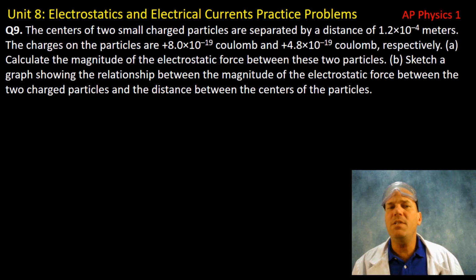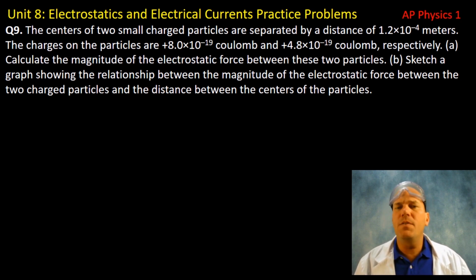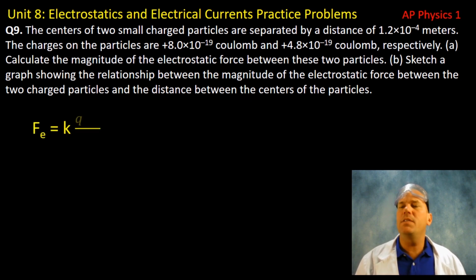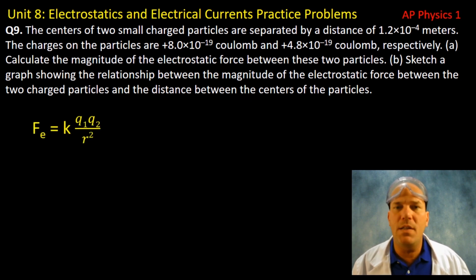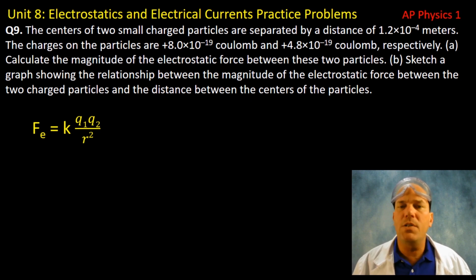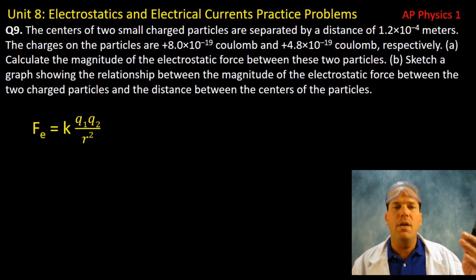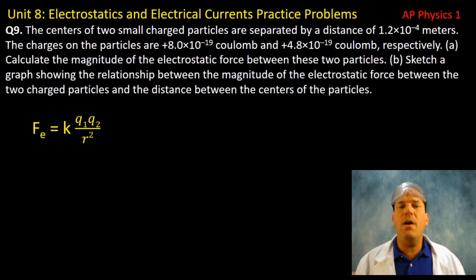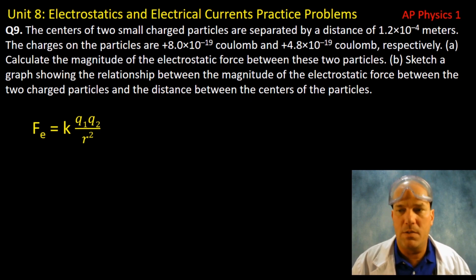Question 9. The centers of two small particles are separated by a distance of 1.2 times 10 to the negative 4 meters. The charges are given in coulombs for each particle. And in part A, you're asked to calculate the magnitude of the electrostatic force between those two particles.